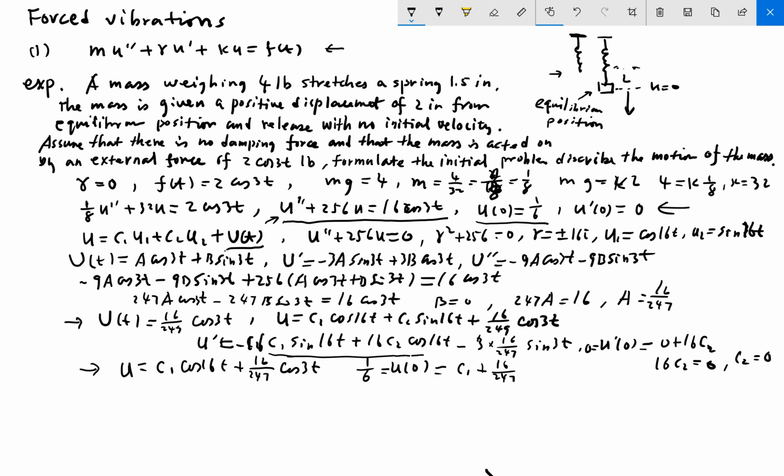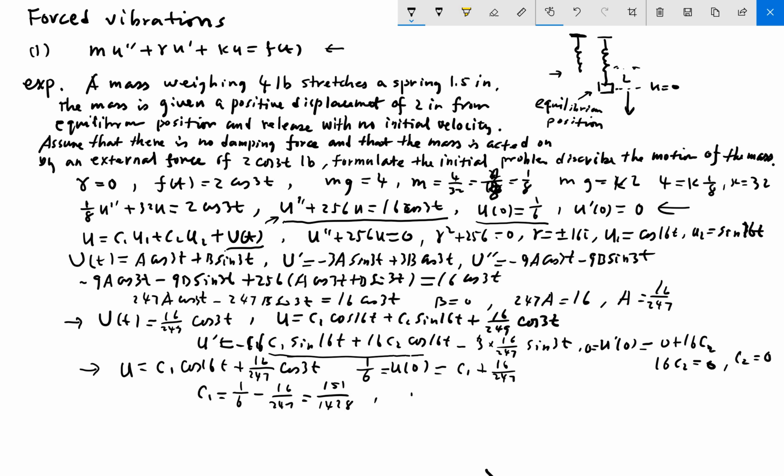So your C1 here equals 1 over 6 subtract 16 over 247, which gives you 151 over 1428.